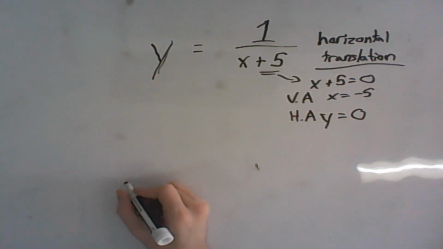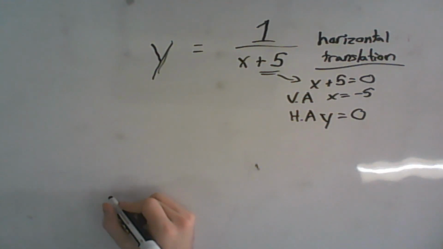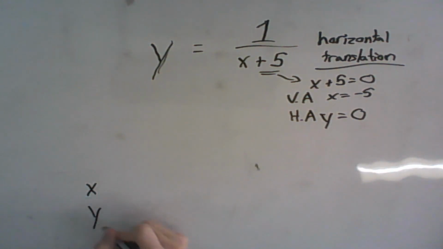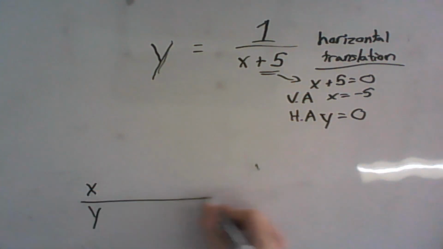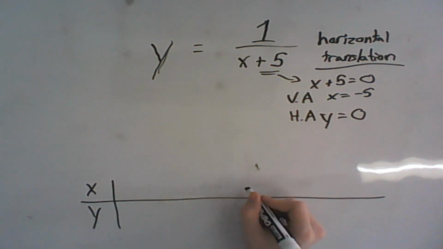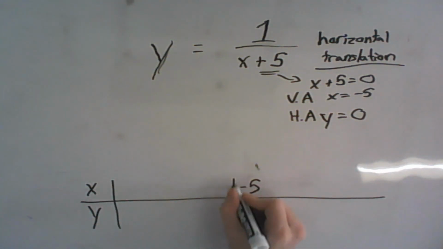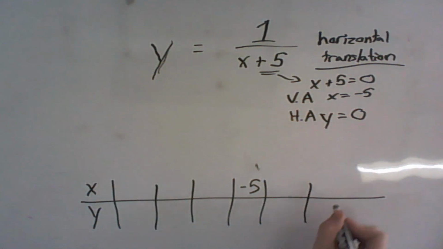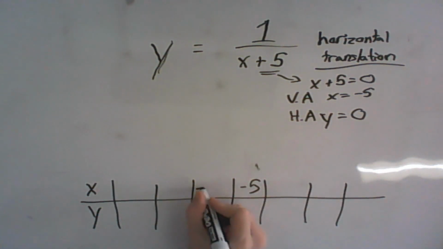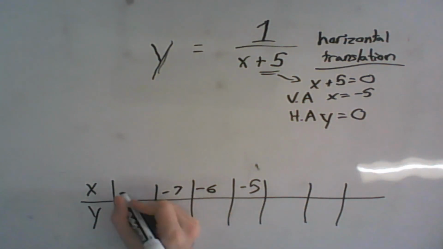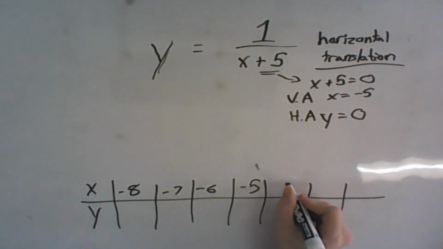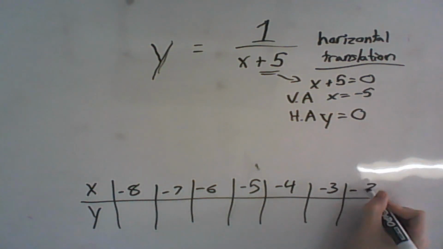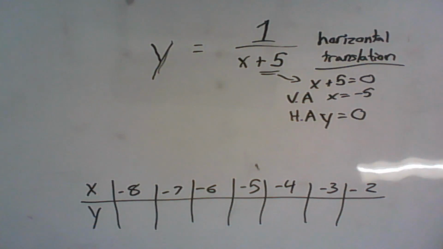I'm going to make our table. I'll make it down here so that we'll have space to draw right here. So x and y. Okay, our midpoint now is negative 5. So to the left and to the right of negative 5. What's to the left? You could do negative 6, negative 7, negative 8. You could do negative 4, negative 3, and negative 2. Okay, something like that.